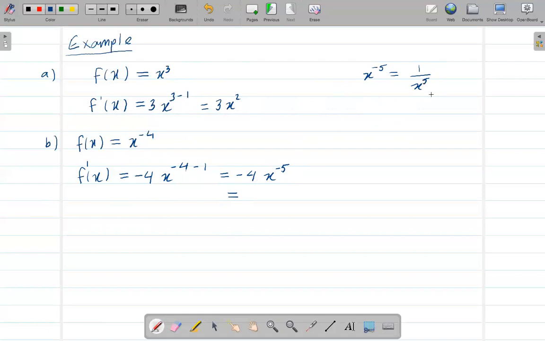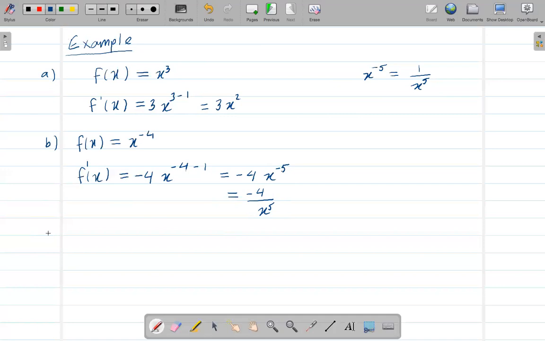This is algebra: 1 over a negative power is equal to 1 over x to the power of that number, but with the positive sign. Now I can rewrite this as -4 over x to the power 5.